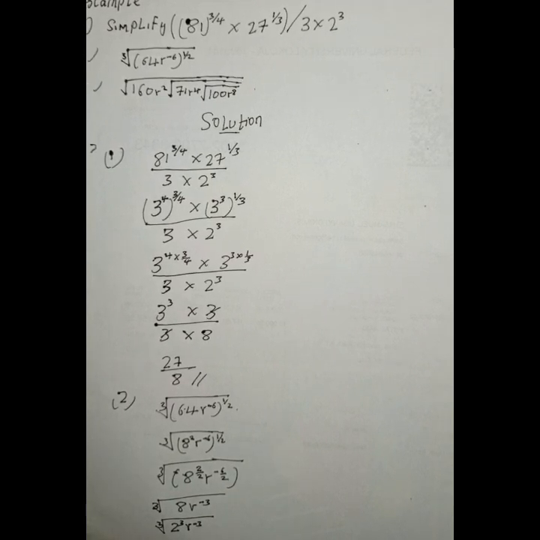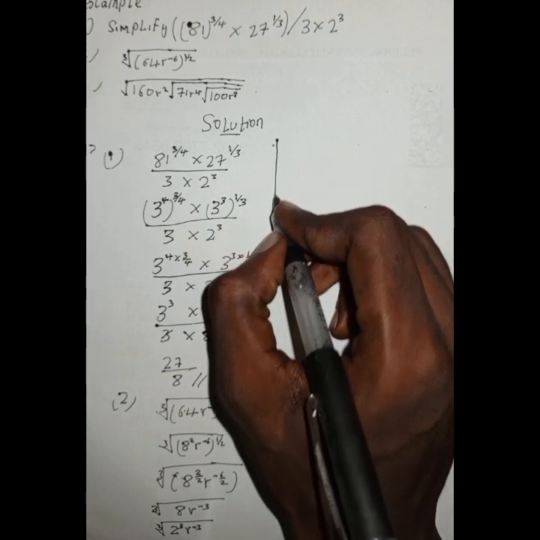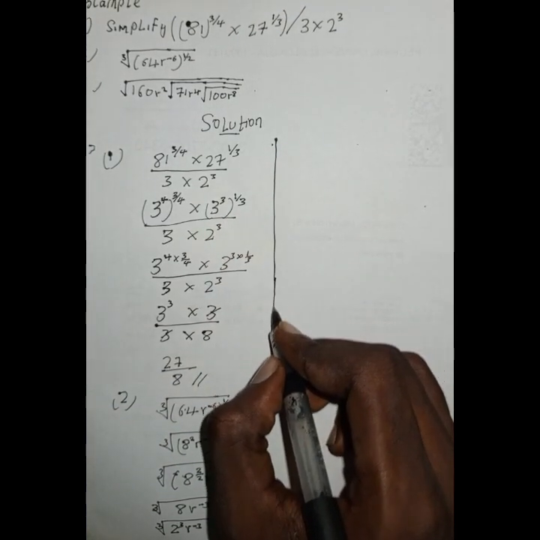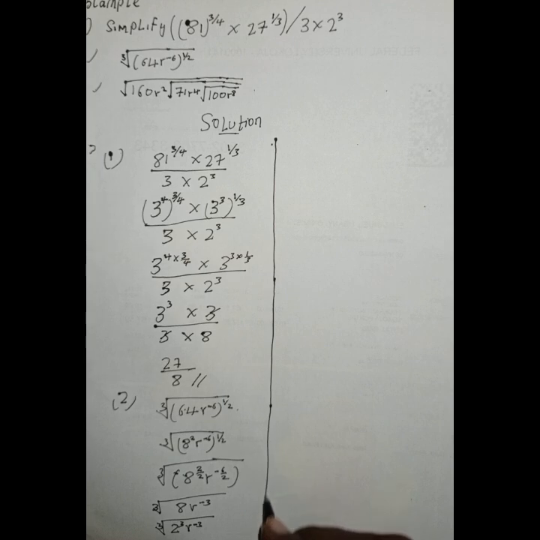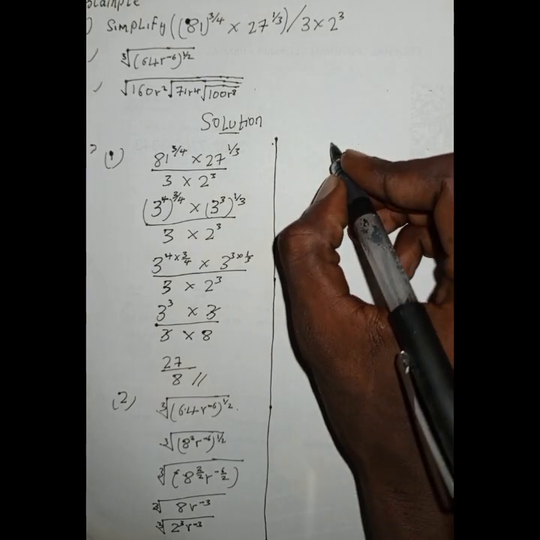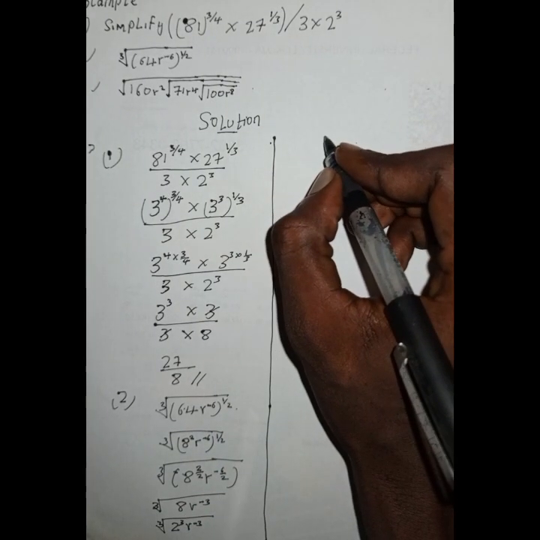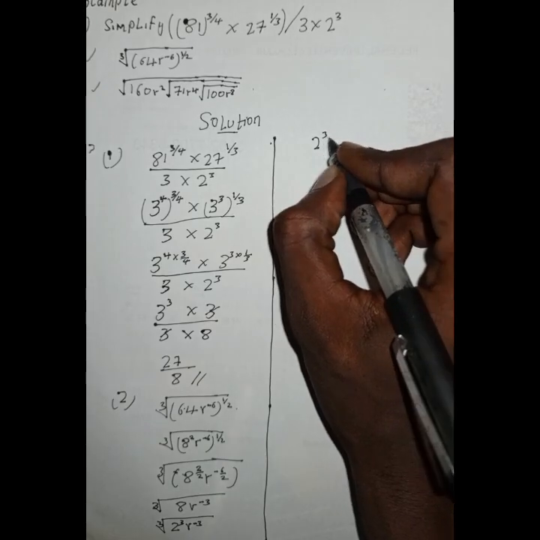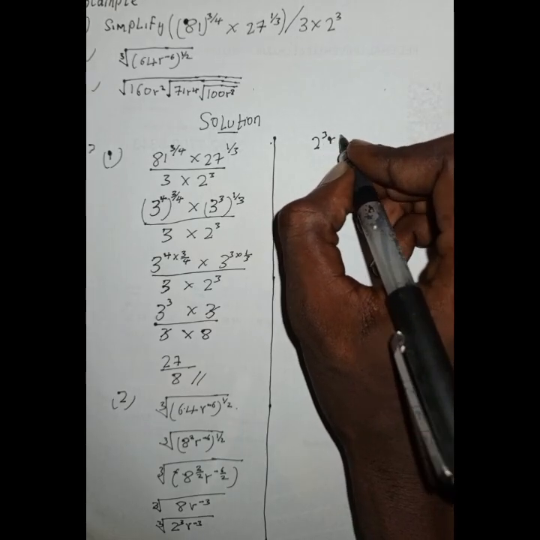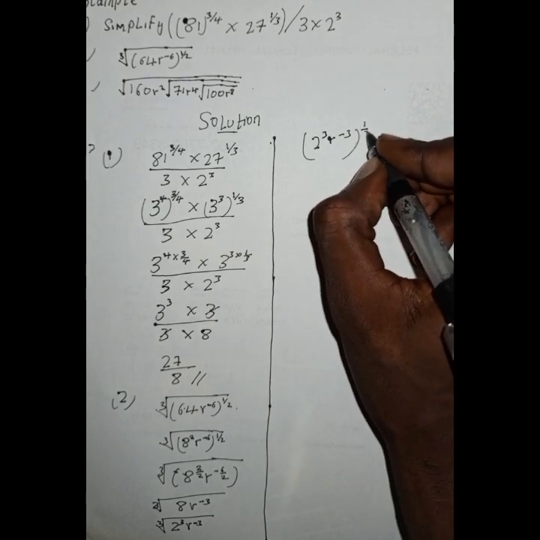Now also recall that we said that roots can be written as powers. Let me draw a line here so that we can have more space. I can rewrite this cube root as 2 raised to the power of 3, r raised to the power of minus 3, altogether raised to the power of 1 over 3.